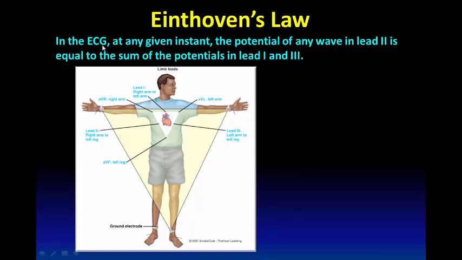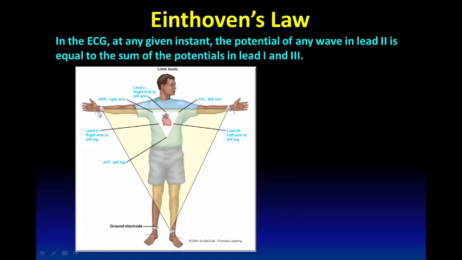So in the ECG at any given instant, the potential of any ECG wave, the waves of the ECG will be described later in the lecture. The potential of any wave in lead 2 is equal to the sum of the potentials of the same wave in leads 1 and 3.